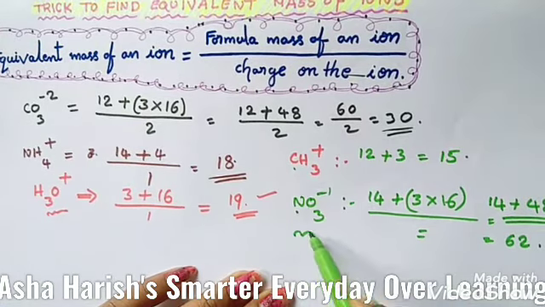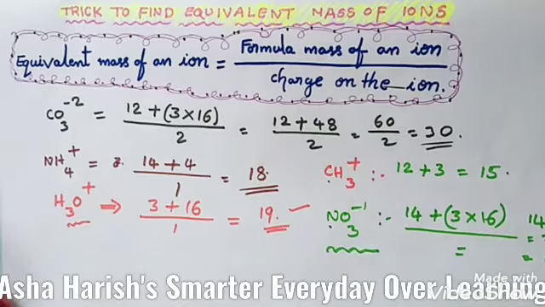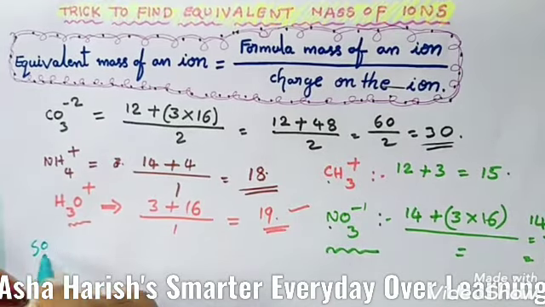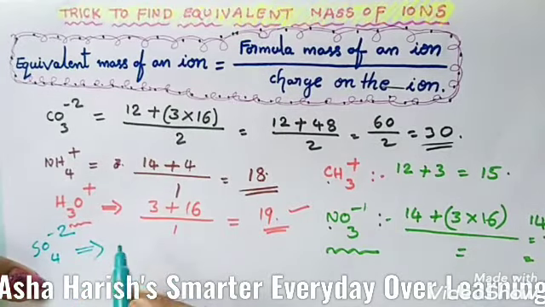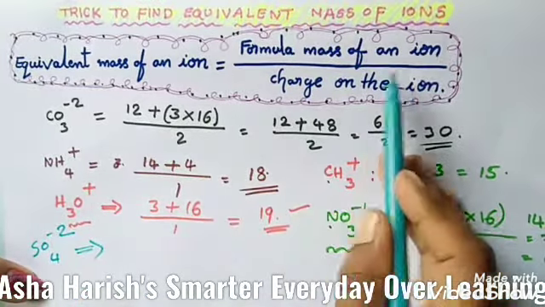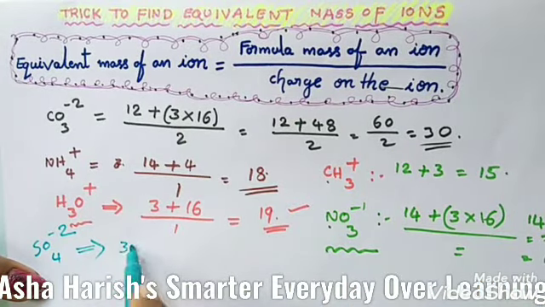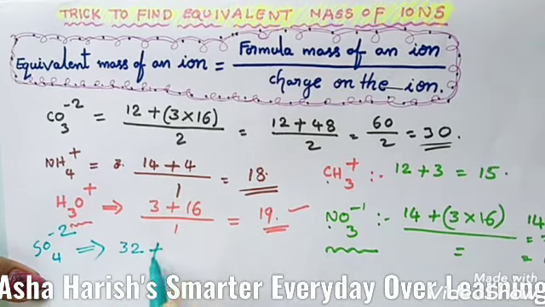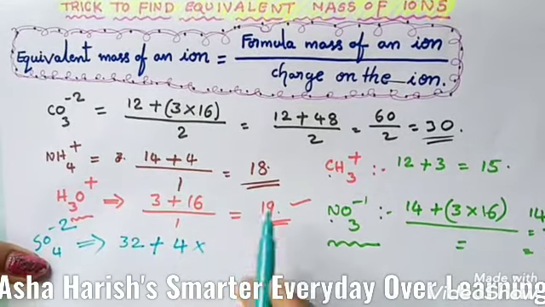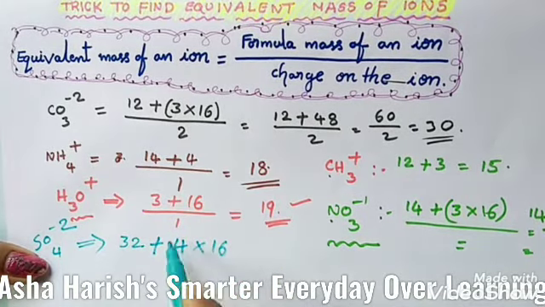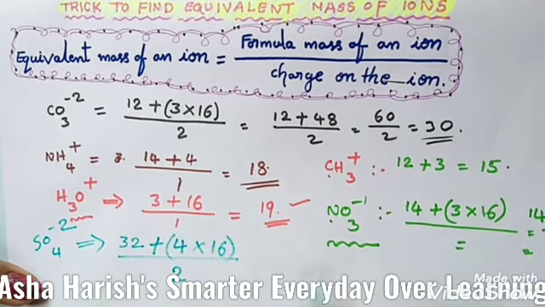Now we shall go for the next example. The sulfate ion, the formula is SO4 2-. Here is sulfur. You can find the formula mass of this ion: sulfur's atomic number is 16 and its atomic mass is 32, plus 4 oxygen atoms into the oxygen atomic mass of 16, divided by the charge on the ion, which is 2.